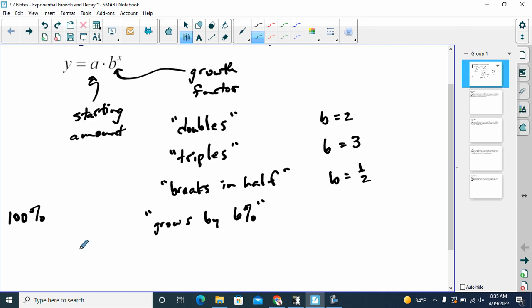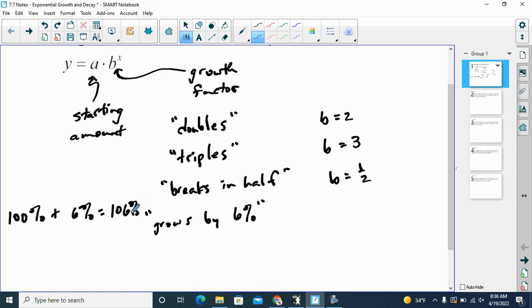So I'm going to take 100% and add 6% to that. 100% plus 6% gives me 106%. So each time it grows by 6%, we are retaining the 100% that it was at, plus we're adding 6% onto that. So we're getting back 106% of what it was.